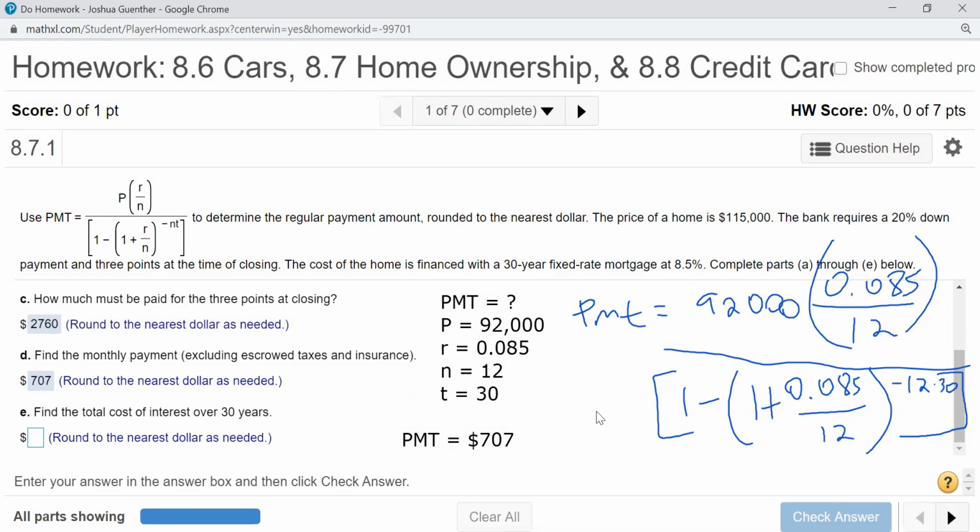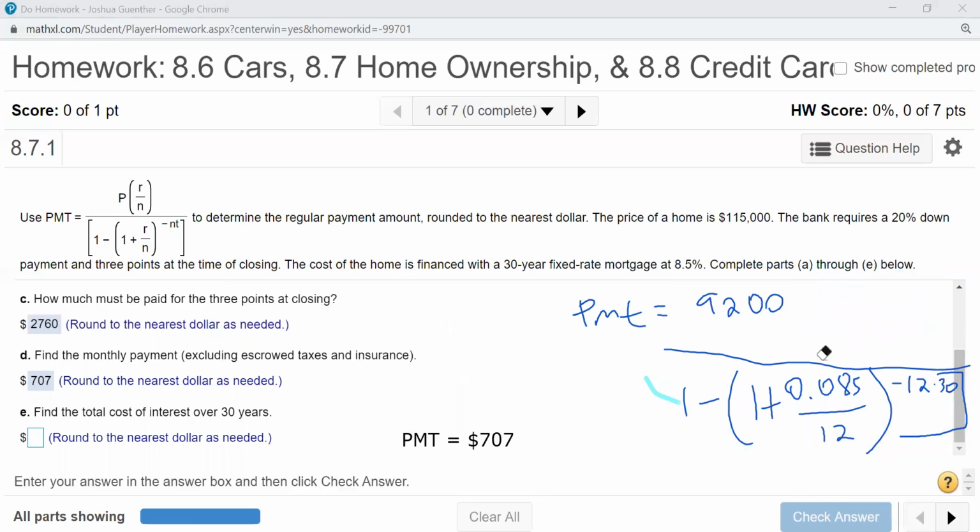And finally, the total interest we paid over the months, over the years. Think about it. We made payments of $707 every single month for 30 years.